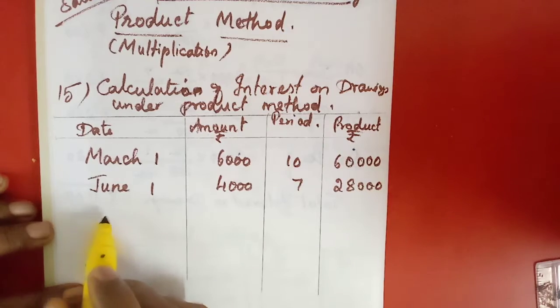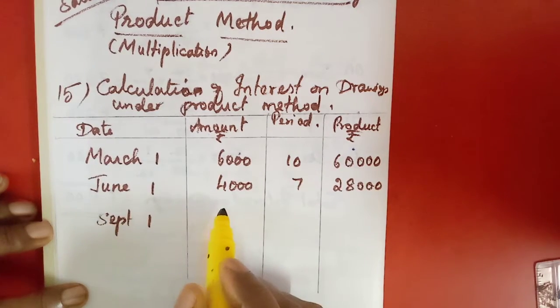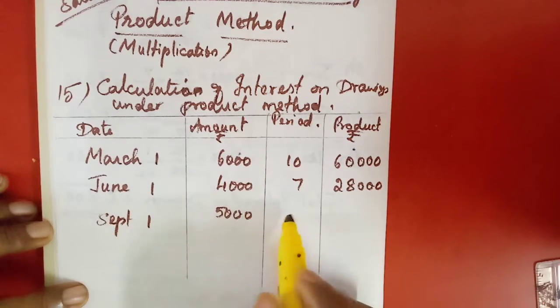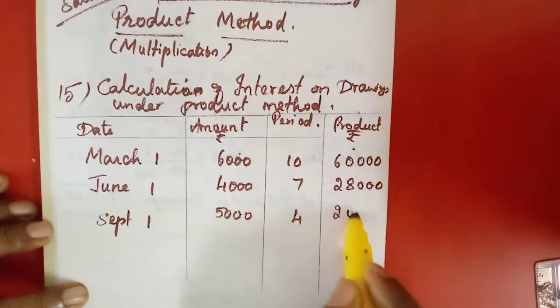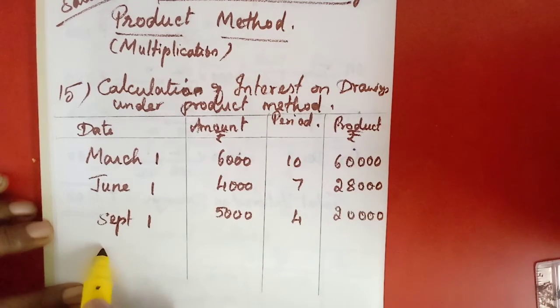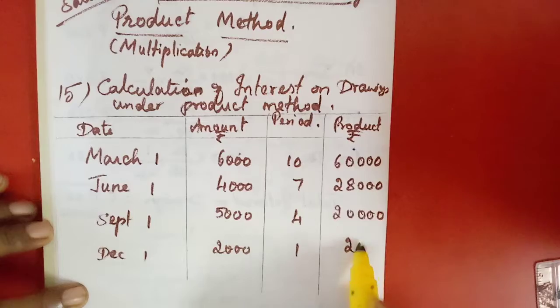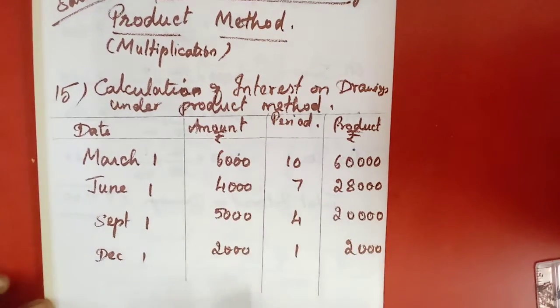Then the next date, September 1, he is withdrawing 5,000. September, October, November, December, that is 4 months, so 20,000. Then December 1, 2,000. How many months? Only 1, so 2,000.